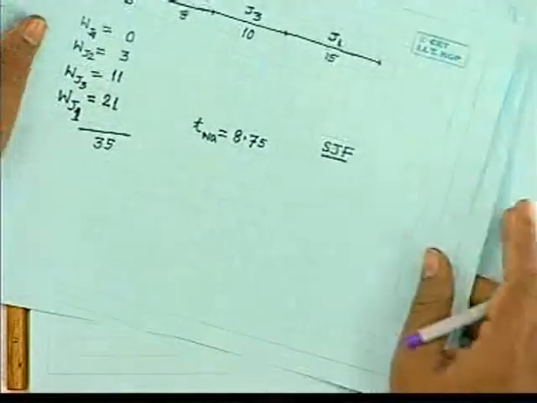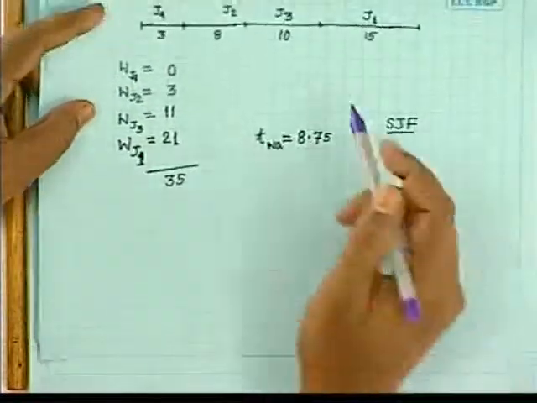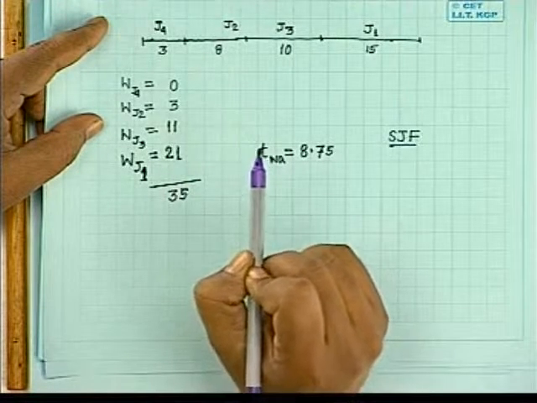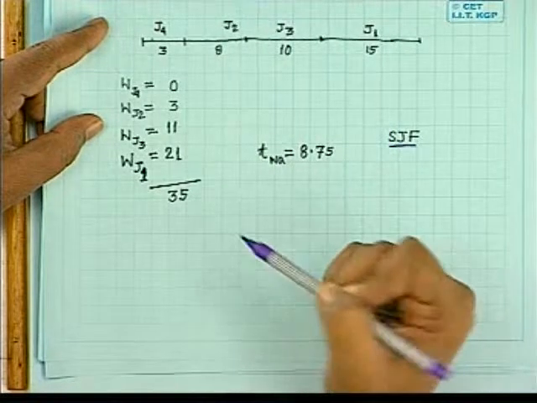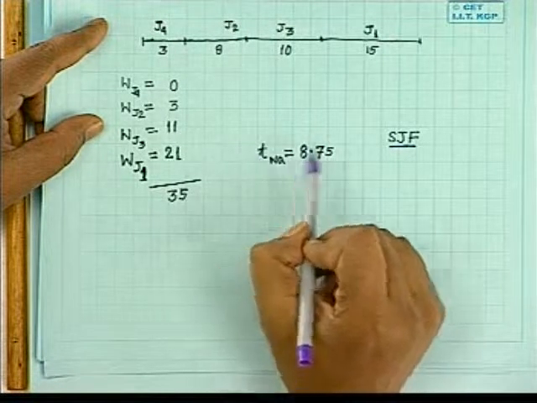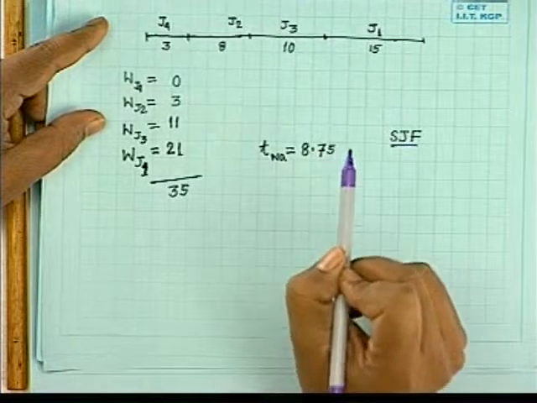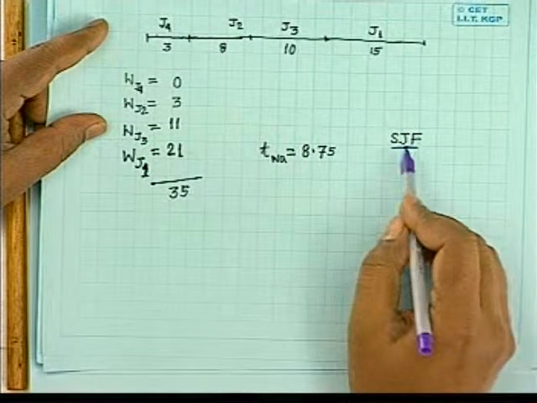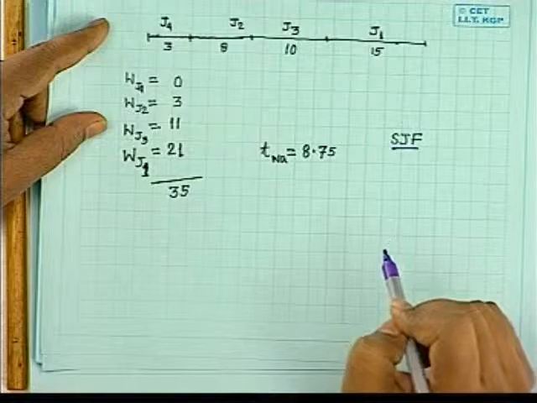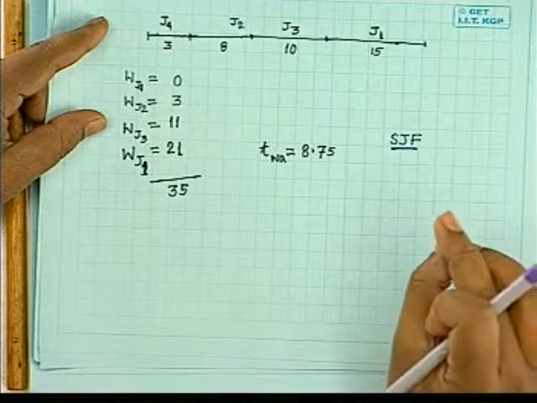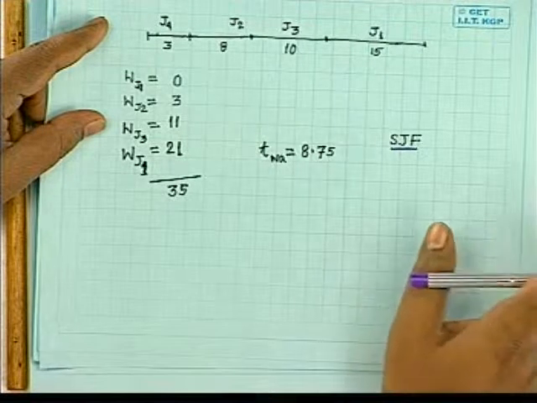But in case of shortest job first, that is the SJF scheduling algorithm, we are executing first that job for which the next CPU burst time is minimum, and the job which takes the maximum CPU burst time is to be executed last. So we must have some idea about what will be the next CPU burst duration. Only then can we perform the scheduling using shortest job first. But it is never possible to know exactly what will be the time required for the next CPU burst.